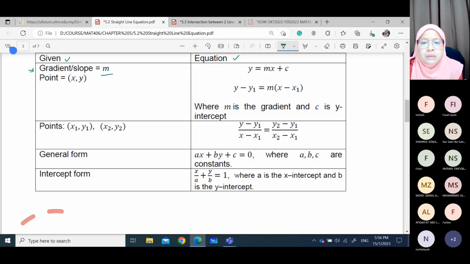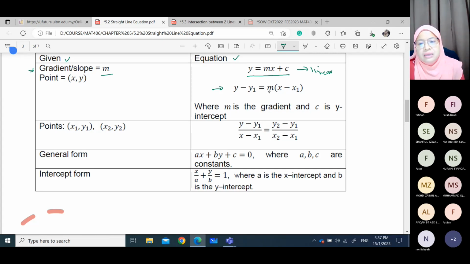Right? Okay, so equation, so y equal to mx plus c is a linear equation. So linear ni adalah garisan lurus. Kita panggil sebagai linear. So linear equation is y equal to mx plus c. Okay, so this equation is based on this one. y minus y1 equivalent with m times x minus x1.